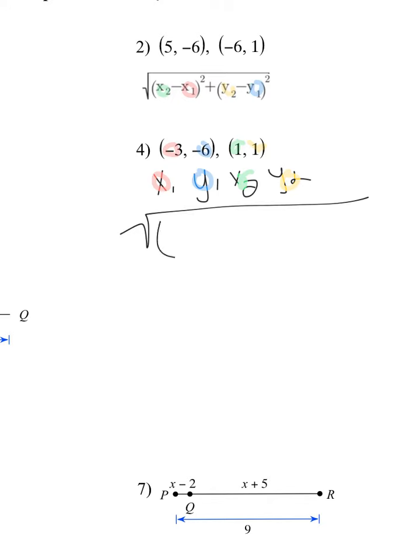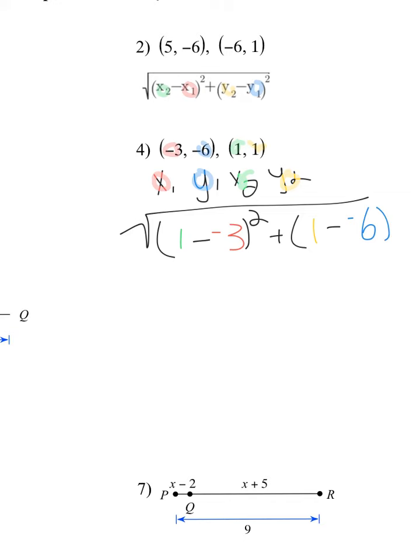My x2 we said was 1, so I'm going to plug 1 in first. My x1 is negative 3. I'm going to be squaring that, plus my y2, which we said was 1, and then I'm going to be subtracting my y1, which is negative 6.